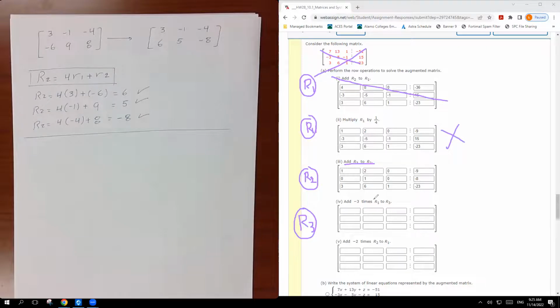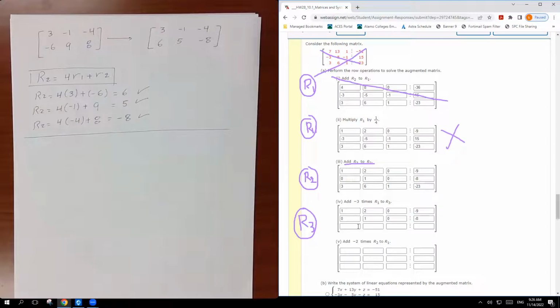I'm going to look to the new matrix. The change on R3 means R1 and R2 are going to be the same. You see, I'm going to type R1 and R2 the same. 2, 1, 0, and here is 0, and negative 9, and here is negative 8.